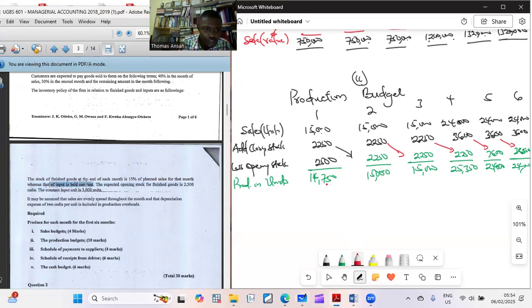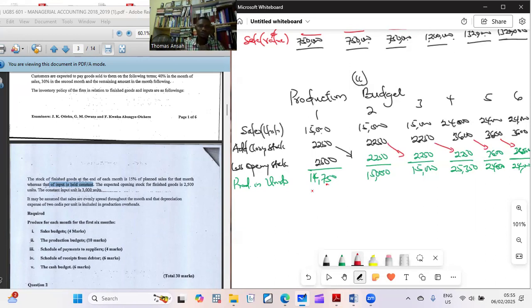Constant input held. So if you remember how we do the material usage budget, you will need the production unit, you will add the closing stock, and you will less the opening stock. Then you get the production, what we call raw material purchase.